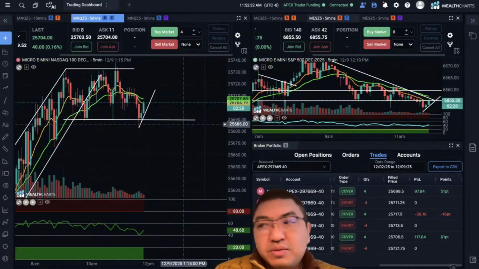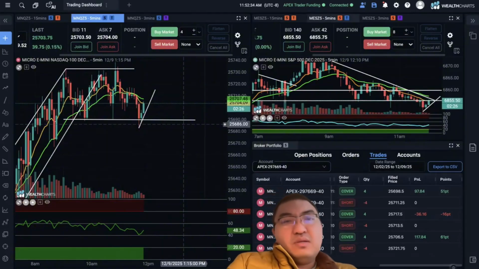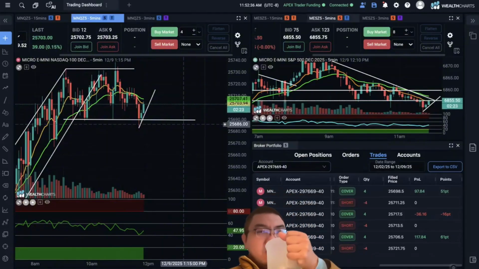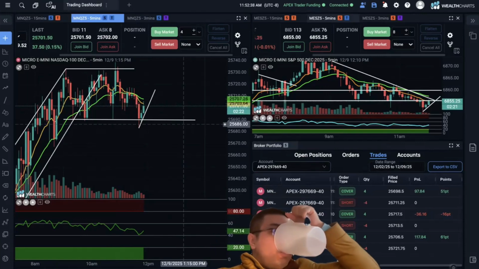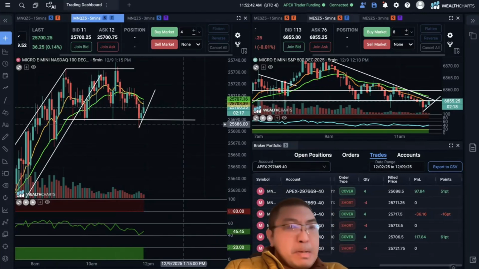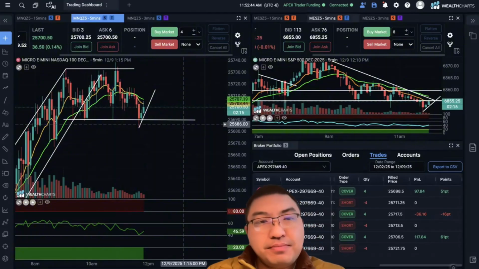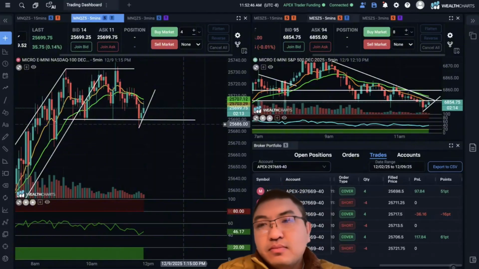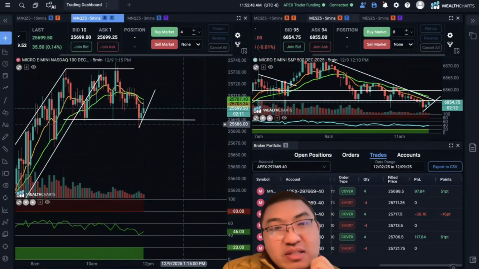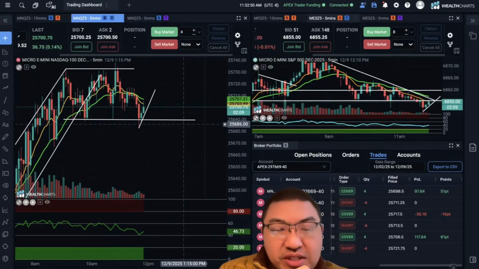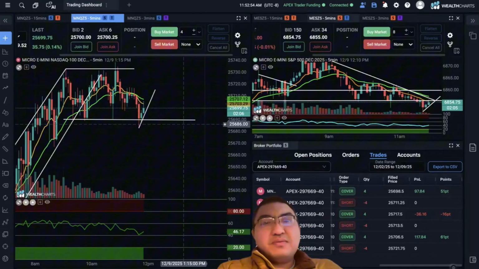I'll retest to EMA 9. For NQ, retest to EMA 9. The key is to wait for compression of the candle.